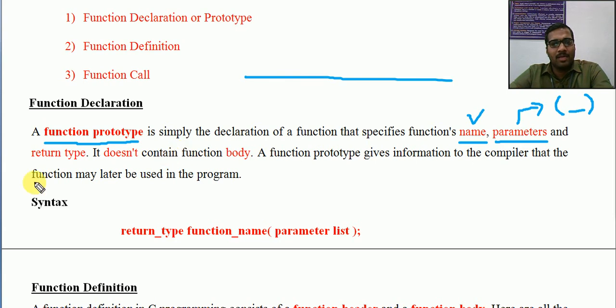Similarly, a third thing is called the return type. If I am calling a function and that function needs to get something back, for example, assume that I am a boss giving a function to an employee, and he does the function.